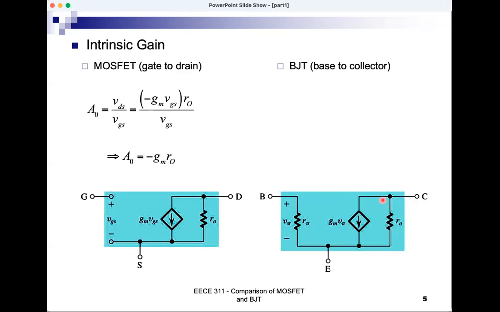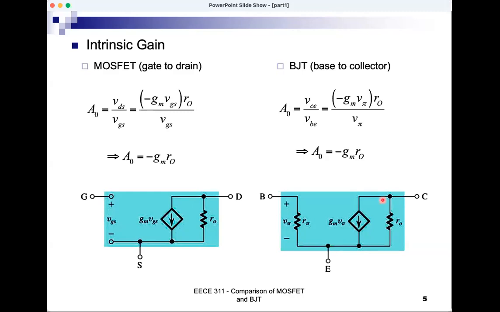And again, VCE would be minus GM V pi times RO, and the input is the voltage V pi between base and emitter. So again, the intrinsic gain would be minus GM RO. So the MOSFET and the BJT have the same expression for their intrinsic gains: minus GM times RO.